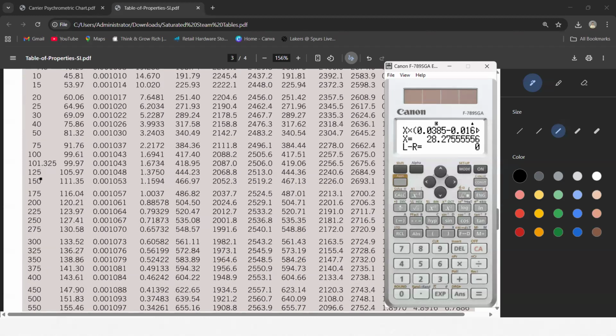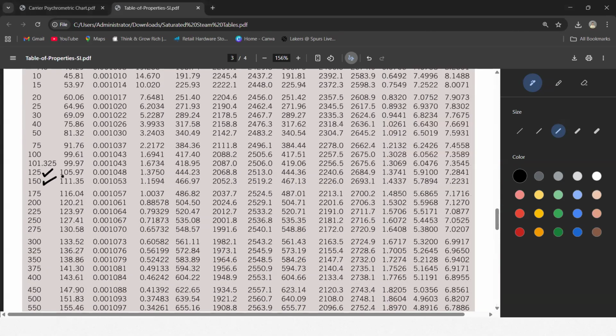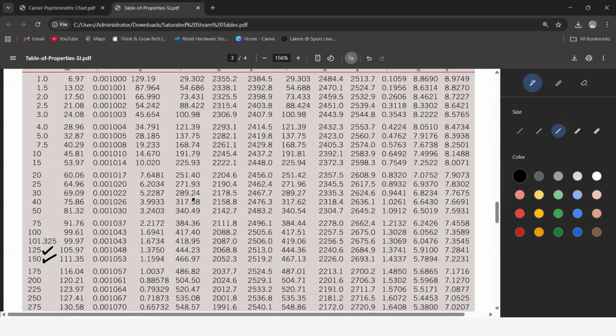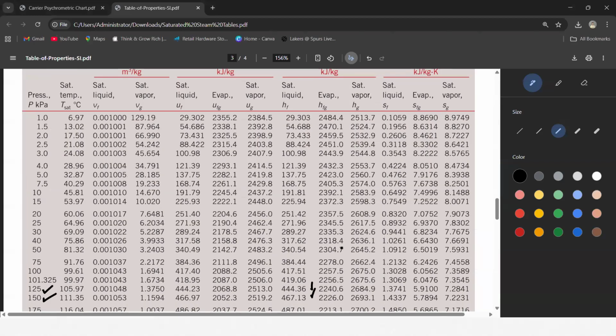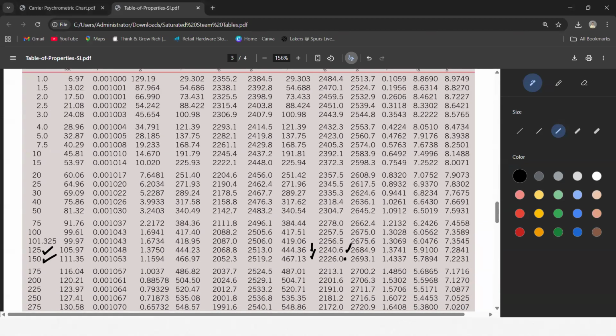So we have 125 and 150. Let's check for the HF, and let's check for the HFG. Let's get the values for 133.9.